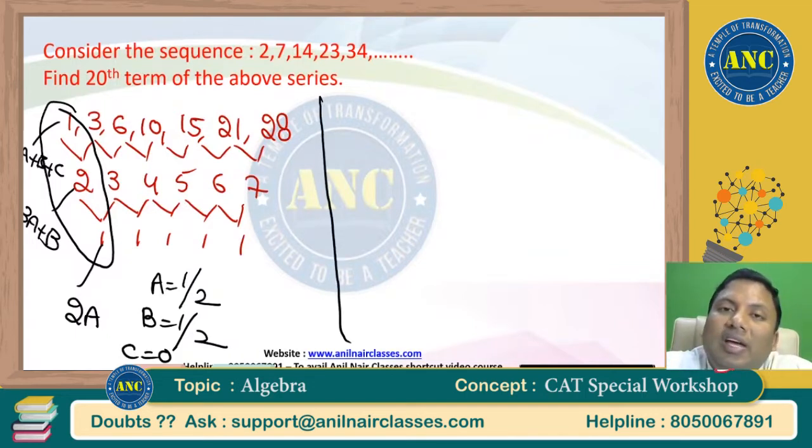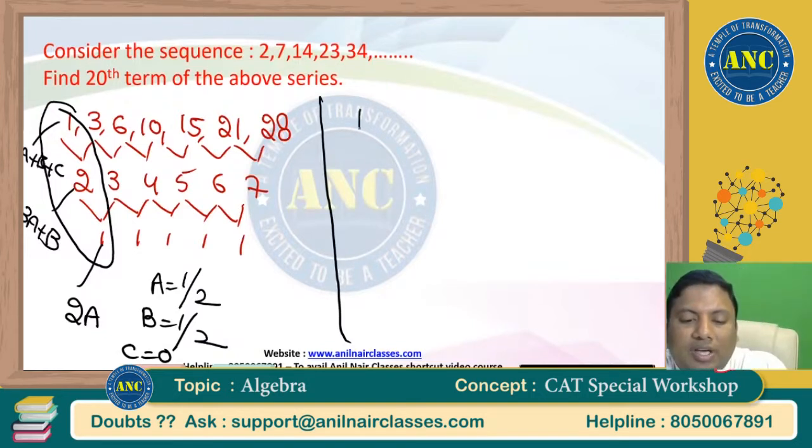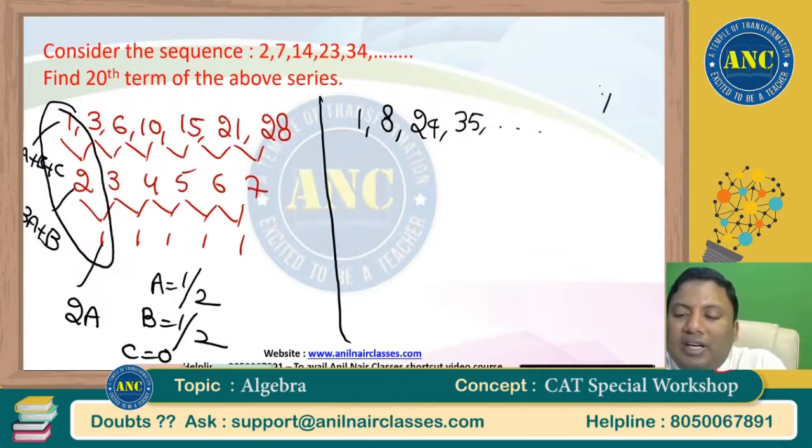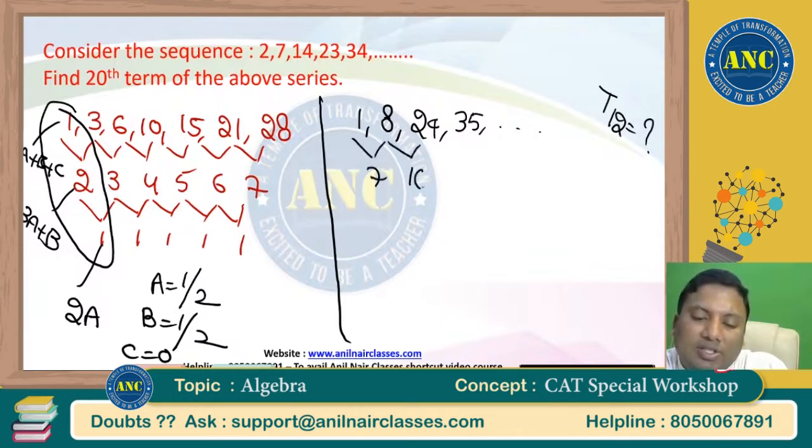How to write down the nth term by using capital A, capital B, capital C. Suppose, for example, 1 comma 8 comma 24 comma 35. Find the 12th term. How to get the answer directly? These are 6, these 16, these, for example 25, 49 we will take, 45, these 25, these nothing but 9, these nothing but 9.